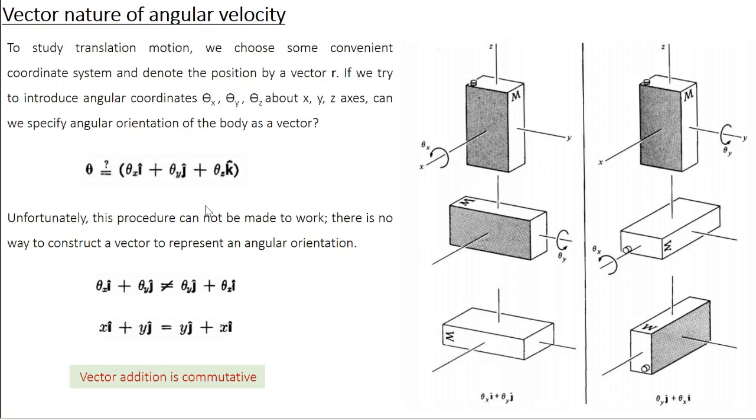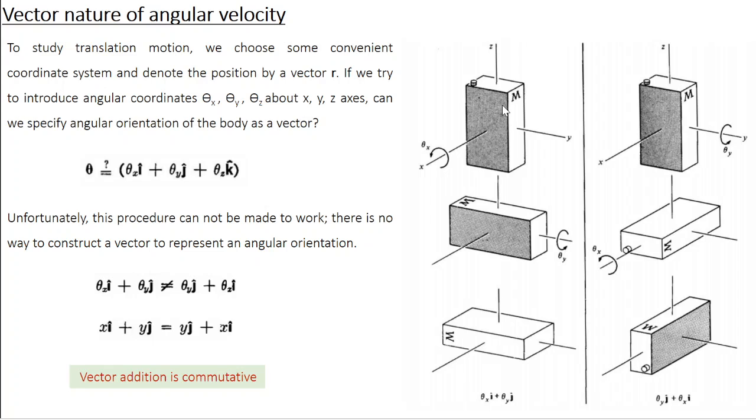Unfortunately, this is not a possibility, and there is no way to construct a vector to represent an angular orientation. Why? I can illustrate this with an example. Suppose you have a rectangular object as shown here.